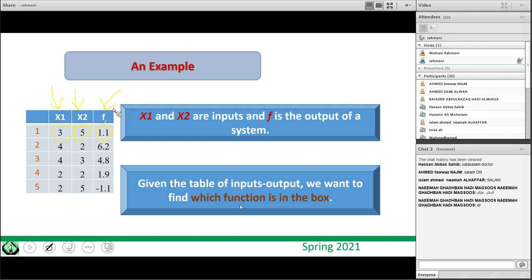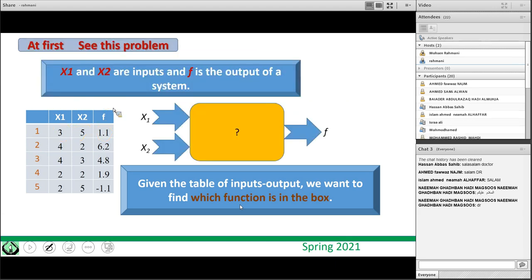And what's the problem? We want to find what is the relation between f, x1 and x2. You can see we have a system here. In the system, we have x1, x2 as input and f as output. And we have some examples of input and output.